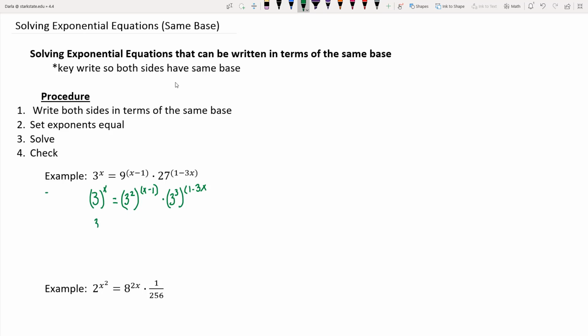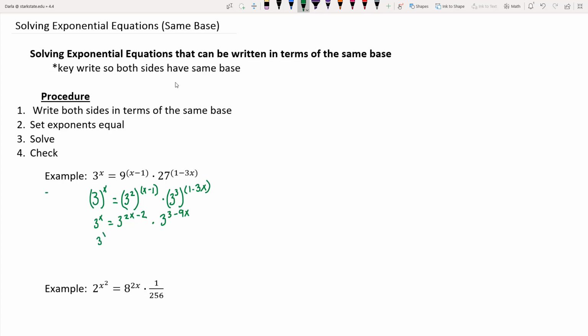And then to keep going, we have 3 to the x equals, raise a power to a power by multiplying. So this is 3 to the 2x minus 2, because you have to distribute that 2 onto the x minus 1, times 3 to the 3 minus 9x, because you have to distribute that 3 onto the 1 minus 3x.